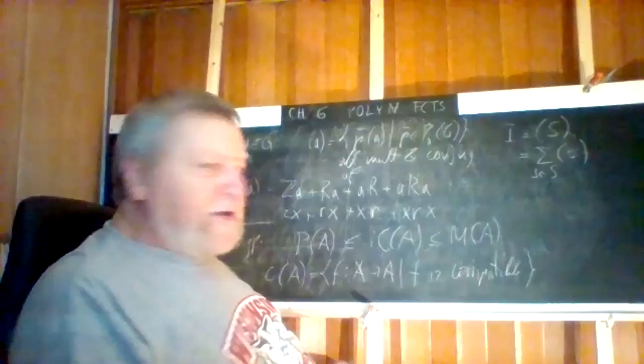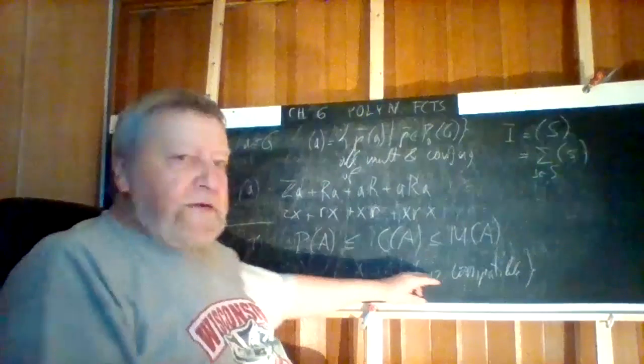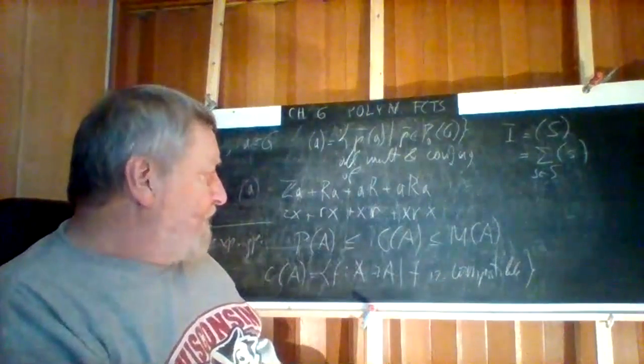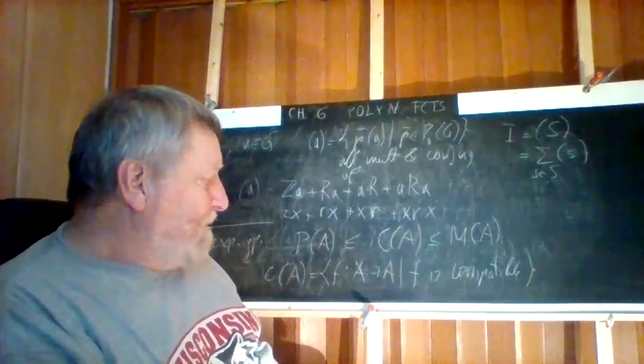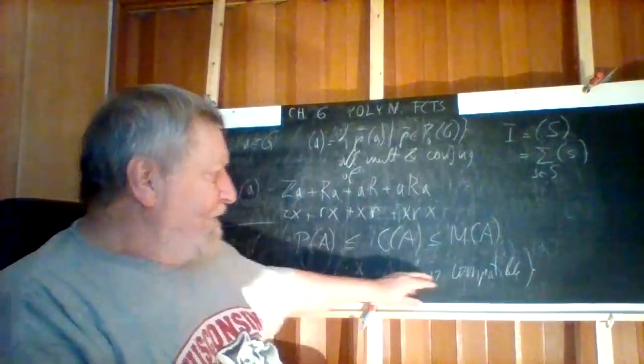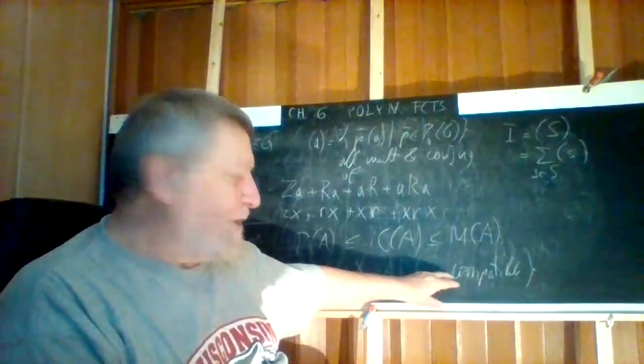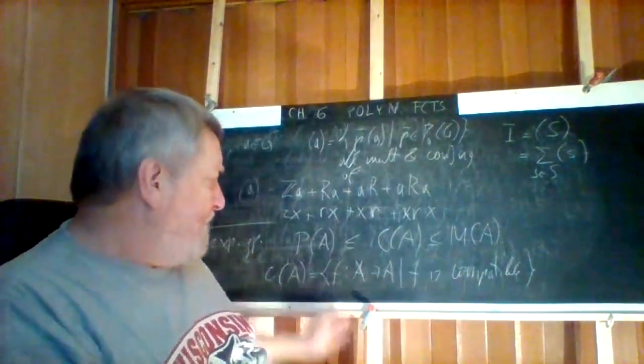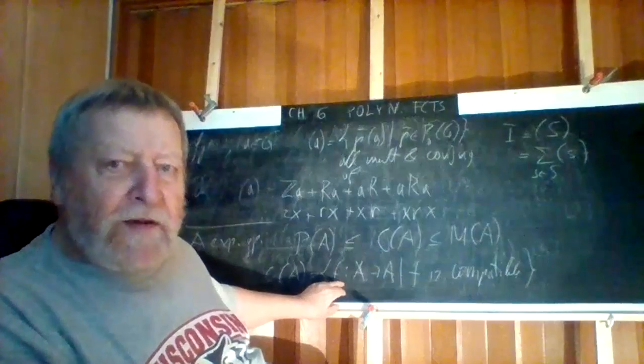And what does this mean? Compatible means that it brings congruent elements, for every congruence, congruent elements are mapped into congruent elements again.